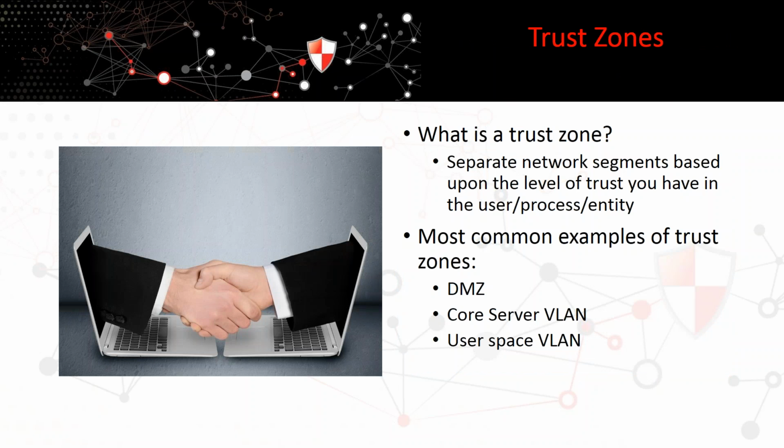A trust zone is a separate network segment on your network that you basically put a wrapper around some set of services or some set of assets that you're trying to control access to. There are some really good examples of what a trust zone is, but basically all you're trying to do is minimize the amount of traffic that can flow from one level of trust to another.